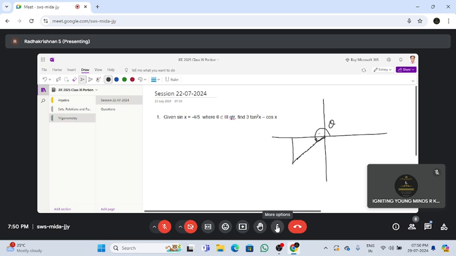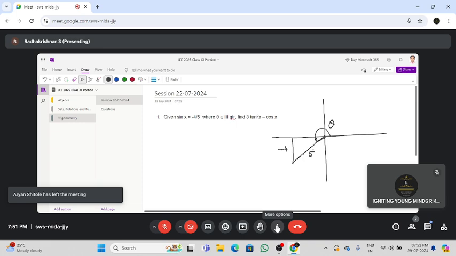If this is your theta, sin x is this ratio by hypotenuse. Since sin x is given as minus 4 by 5, this is minus 4, and this has to be 5. You see that it's in the third quadrant. If it is in some other quadrant, you have to think slightly about which is minus and which is plus.